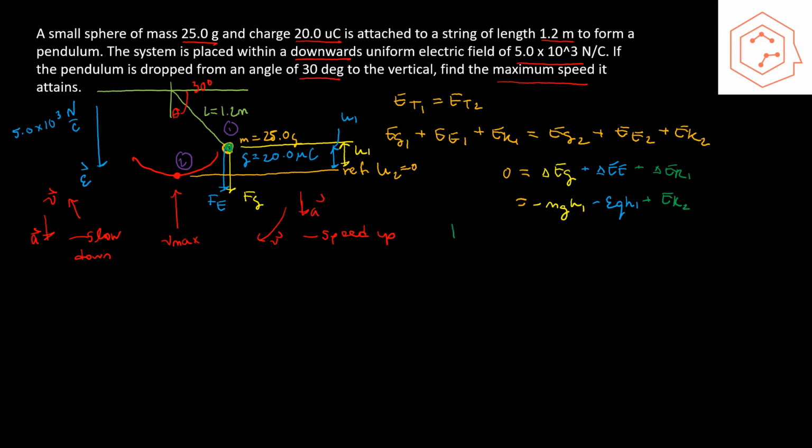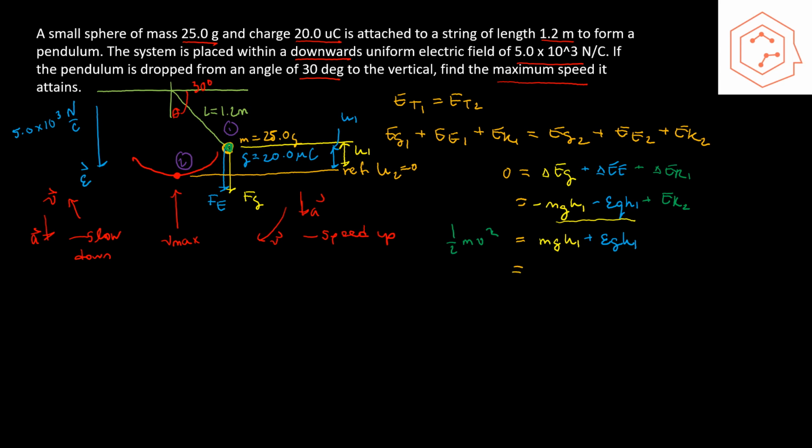We have 1/2 mv squared, where v is our maximum velocity, or maximum speed, is equal to, since we have positive EK2, we'll move these two to the left side. So we have mg h1 plus EQ h1, and they're positive because we moved them to the other side. Now we can factor out h1 since it's shared between both.